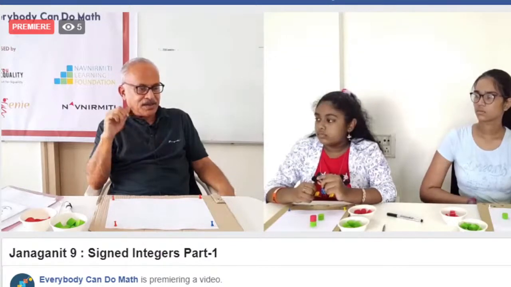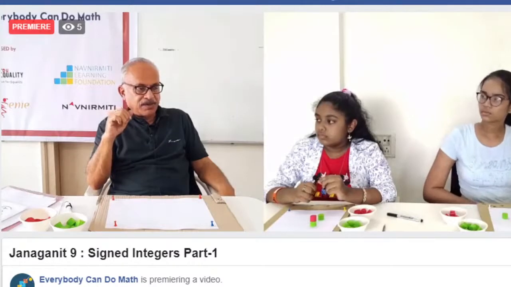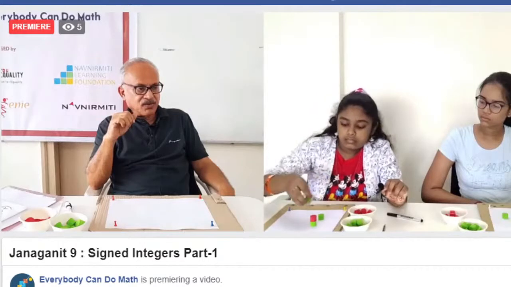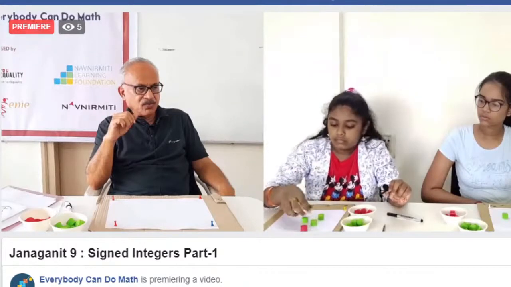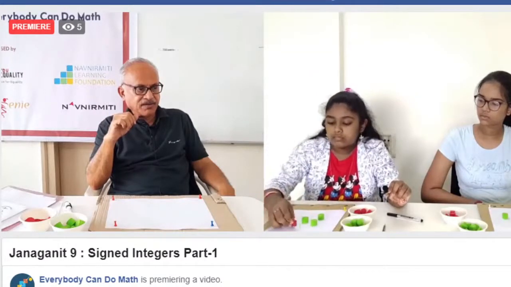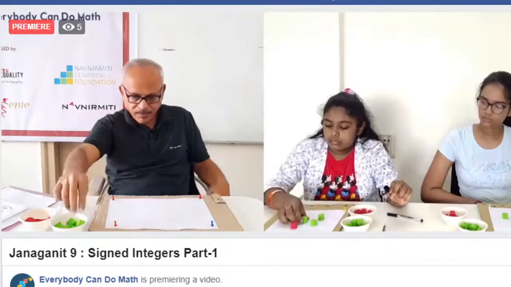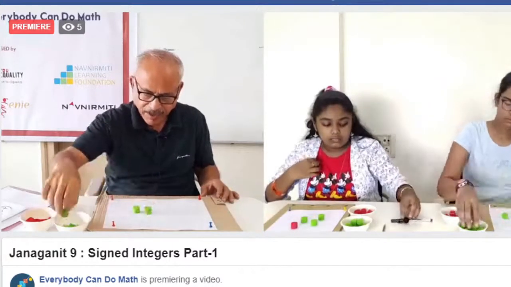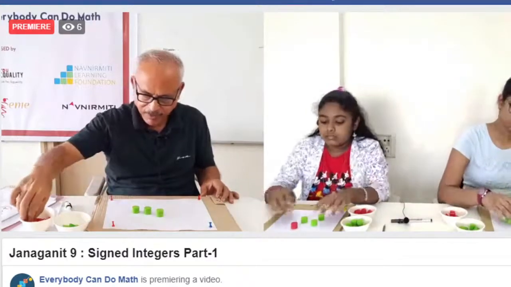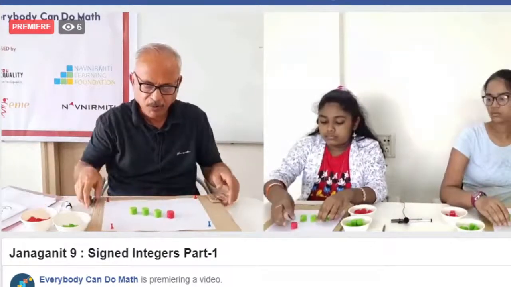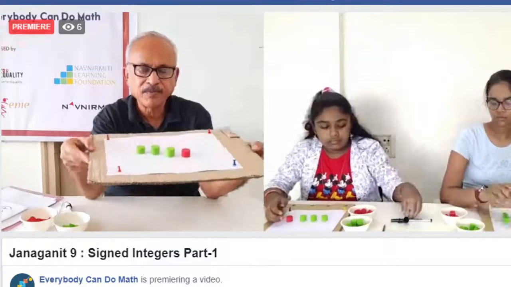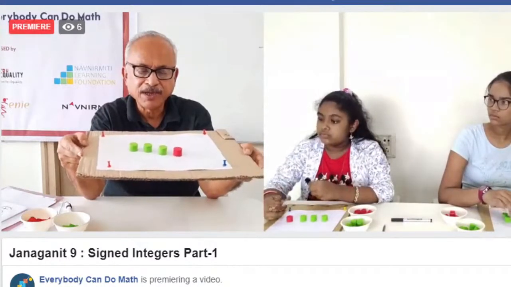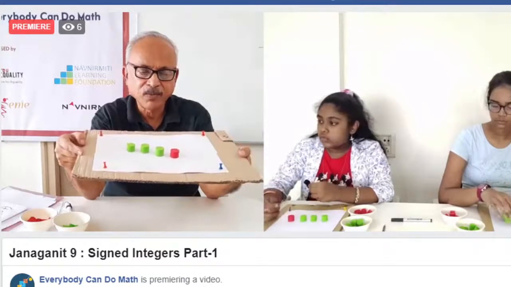Okay. Let's do a few examples so that we are very thorough about this. Keep 3 green plugs and 1 red plug. So how many positives is this? 3 positives.